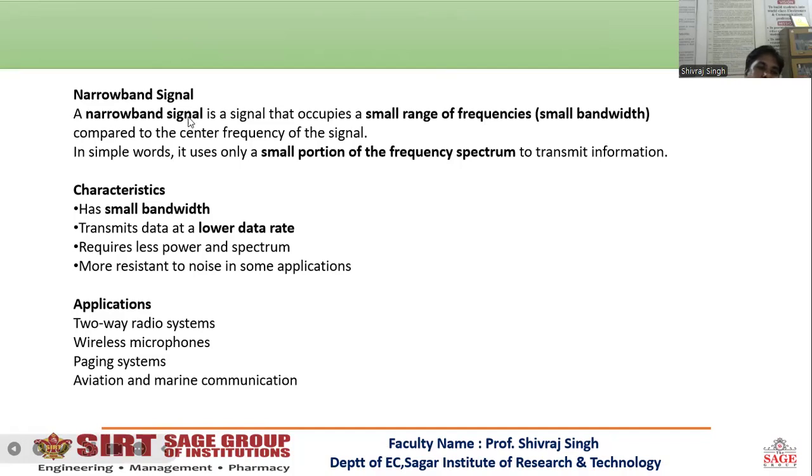Narrowband signals have a small bandwidth, transmit data at a lower data rate, require less power and spectrum, and have more resistance to noise in some applications. Applications of narrowband signals are two-way radio communication, wireless mobile phone, paging system, aviation and marine communication.